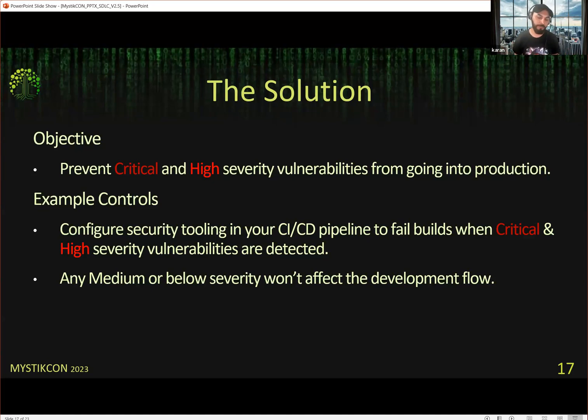So you can set these tools to fail on critical and high severity security vulnerabilities. Every time these tools pick up critical or high severity vulnerabilities, they would fail the CI/CD pipelines. They would fail the build. That means the teams will have to fix those vulnerabilities before they can actually deploy that artifact in production.